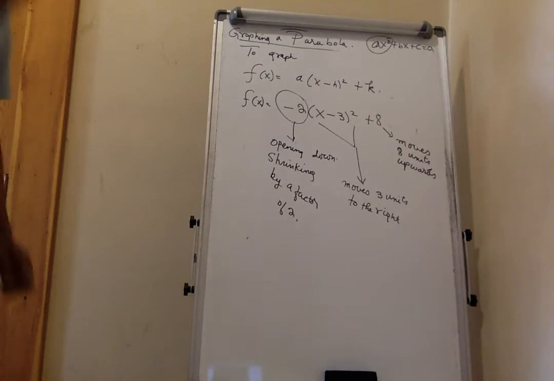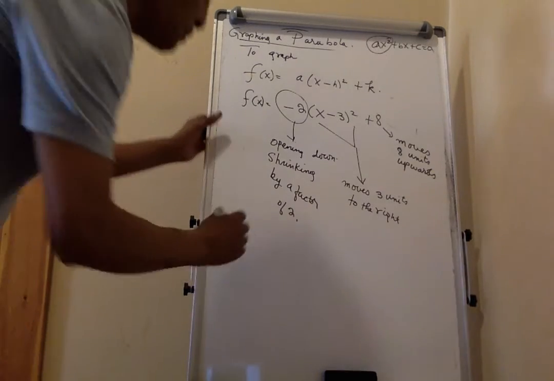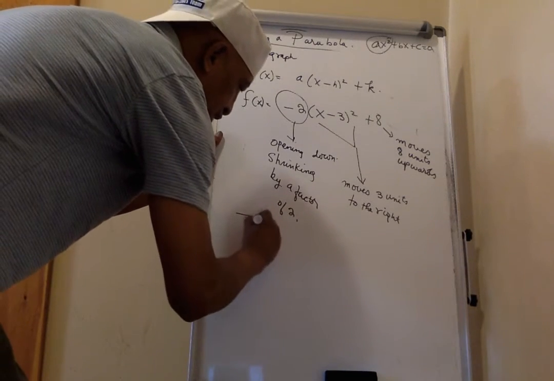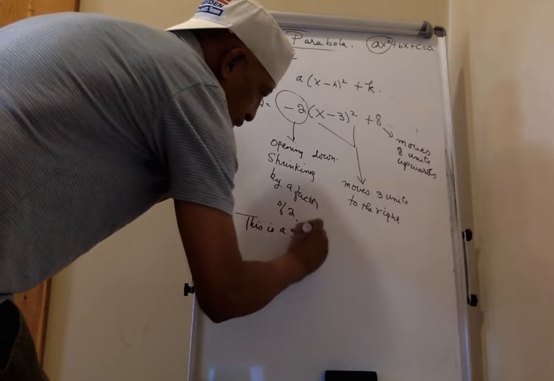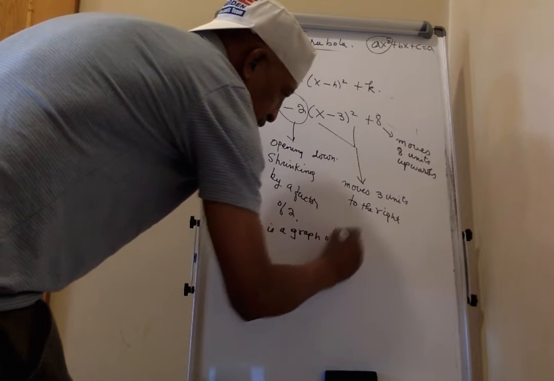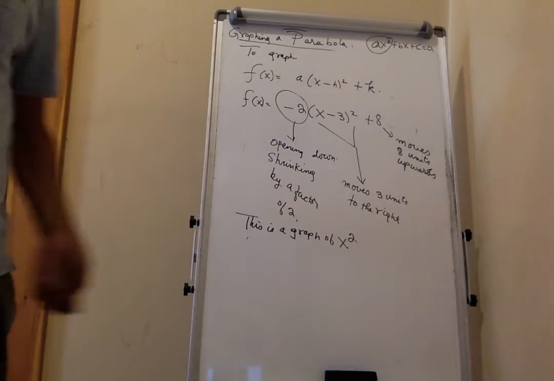So let me define this. Let me write this. This is a graph of x squared, because that is what we call the mother graph.